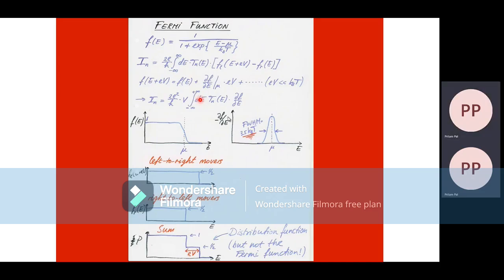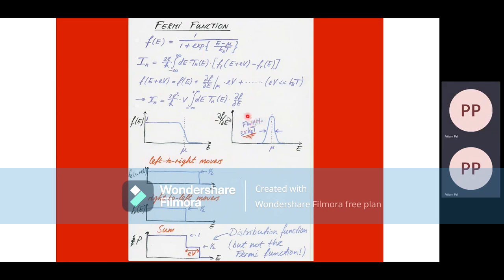The width of the derivative of the Fermi distribution is of the order of 3.5 kBT. So if you take a derivative of this function, you get a peak of about 3.5 kBT centered at the chemical potential, and this width of 3.5 kBT would then be the width of the transitions between the even plateaus and the odd plateaus.